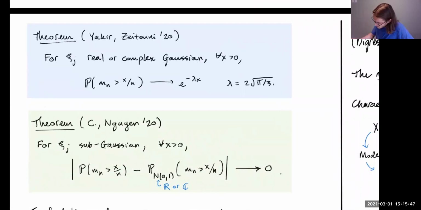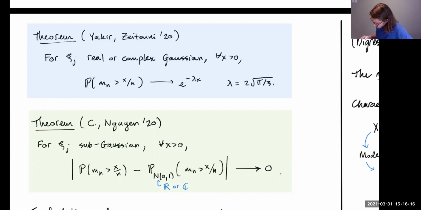There's this work last year of Yakir and Zaitouni where they studied the Gaussian case and got this limit. And then Hoy and I proved a universality result that I'll talk about. I'll discuss some elements of this proof too. It's a universality result in the true spirit of a universality result, in that we don't get a new proof of this fact.